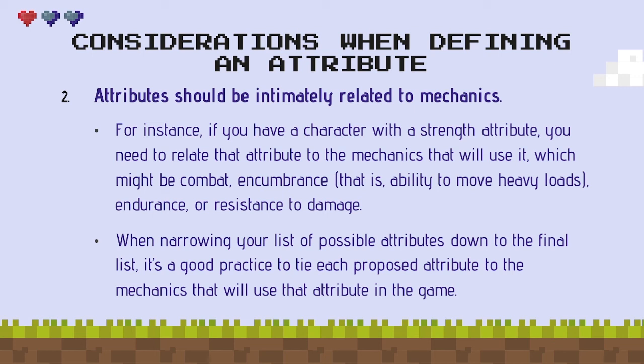Kasi, kapag sinabi natin purpose, pwede yung attribute gamitin lang natin for the storyline, para dun sa kwento. That's possible. But, as much as possible, hindi lang siya basta useful, even for the storyline, it should be directly affecting yung mechanics nung game nyo.